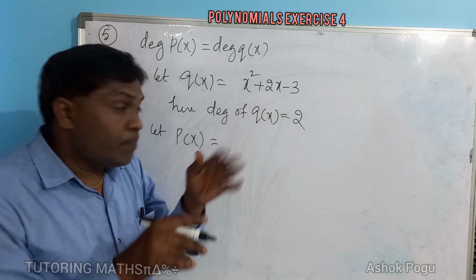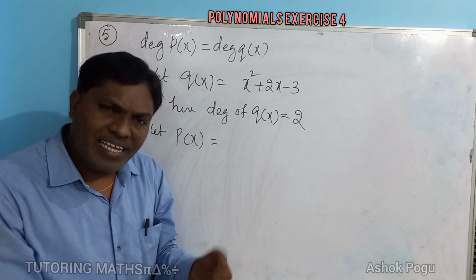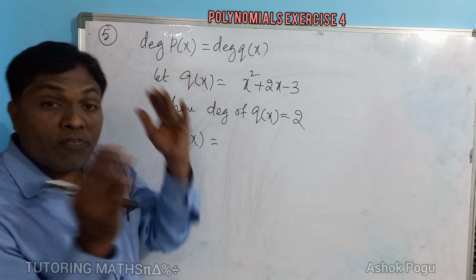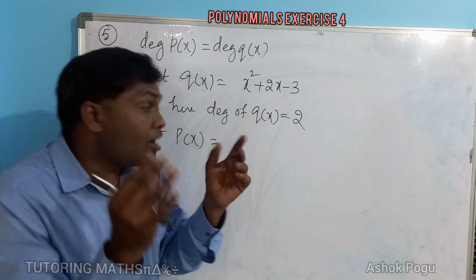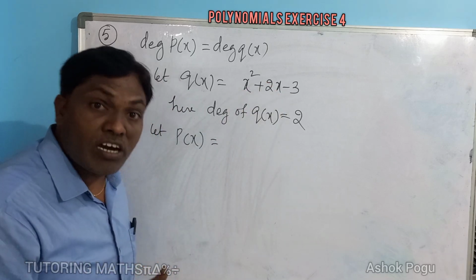The whole expression should be multiplied either by 2 or 3 or 4. You take p of x as a multiple of this expression. Keep that in mind to avoid confusion.